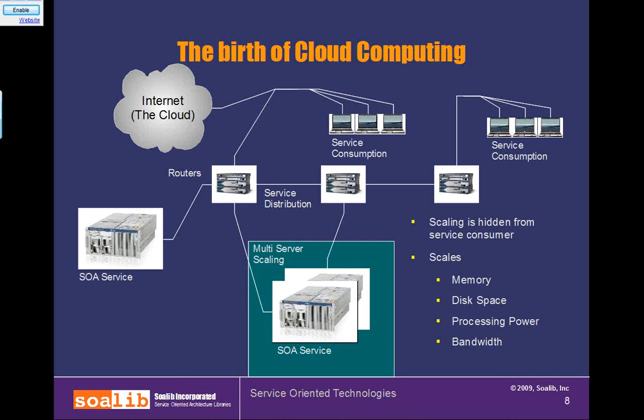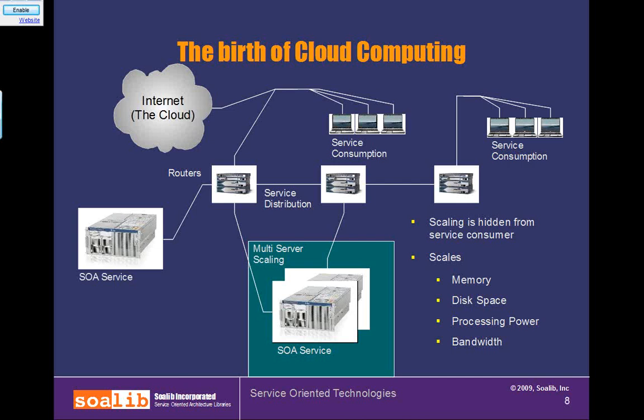Software and hardware together can combine multiple servers, appearing as one single server, which is called scaling. And that's where cloud computing comes in, because cloud computing adds scalability and also a software layer. So what is cloud computing? Cloud computing is grid computing plus service-oriented architecture. Service-oriented architecture usually provides a software stack, but maybe also hardware, and grid computing provides the hardware stack.